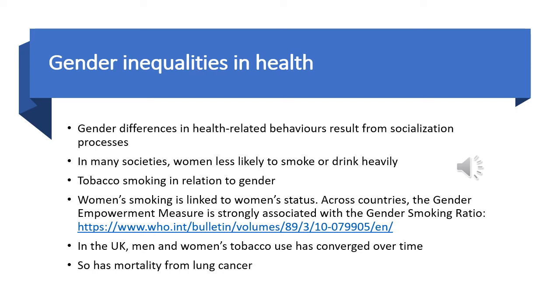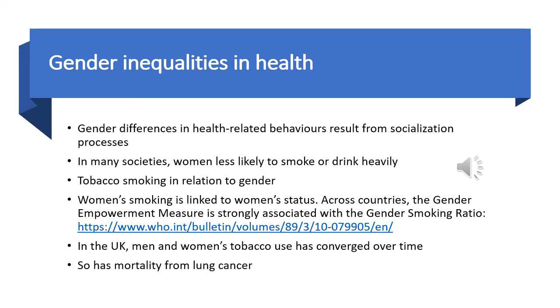In many societies, women are less likely to smoke or drink heavily, and with time, things changed, especially in Western societies, where women started to adopt some of these behaviors, for example, tobacco smoking, as a sign of being independent and powerful, which made them at higher risk of lung cancer and disease compared to previous periods.